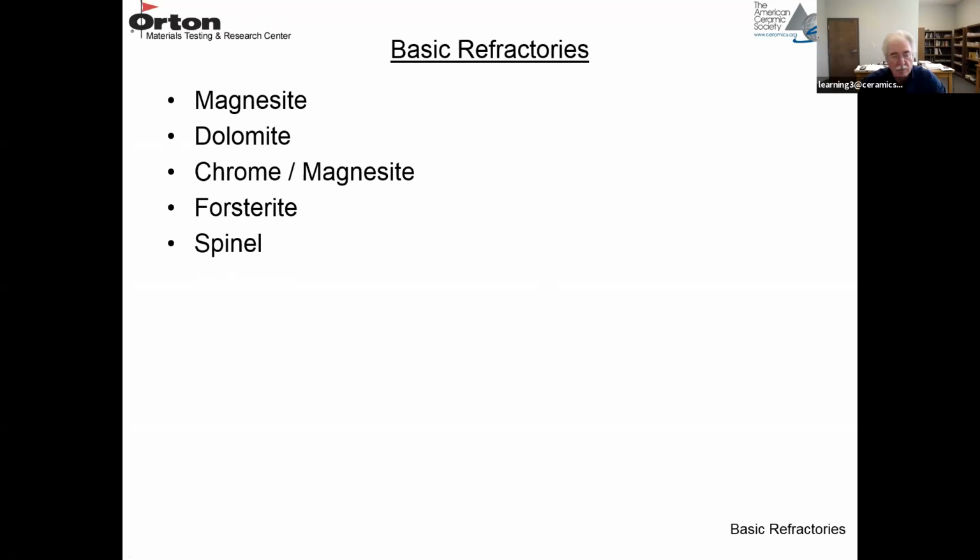we'll cover two topics, the basic refractory group, and then after that, a shorter section on insulating refractories, refractory brick and fiber materials. So the basic refractories, there's 5 groups here: magnesite, dolomite, chromagnesite, forsterite, and spinel.